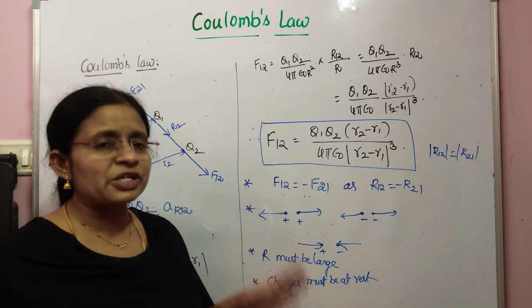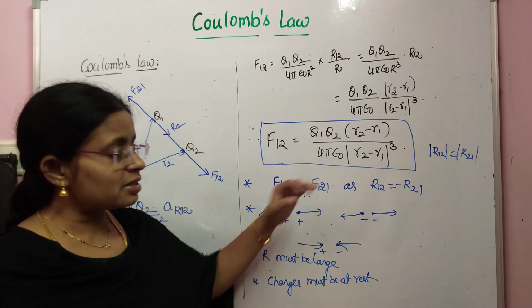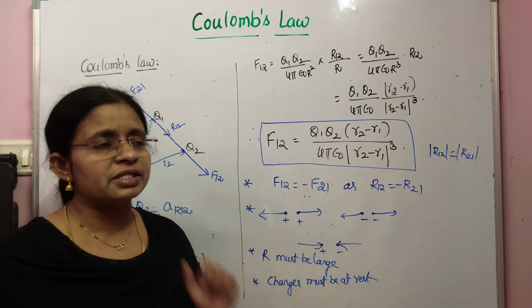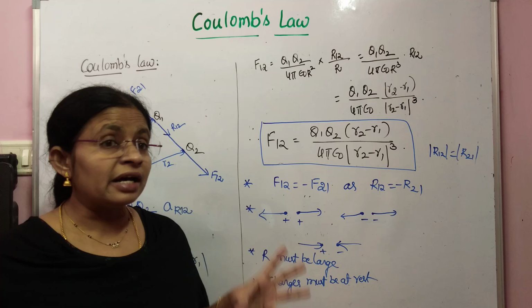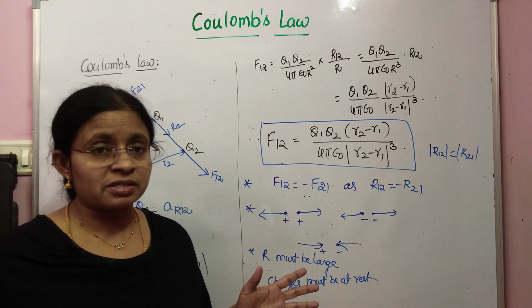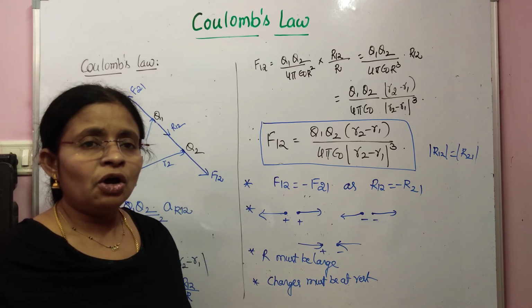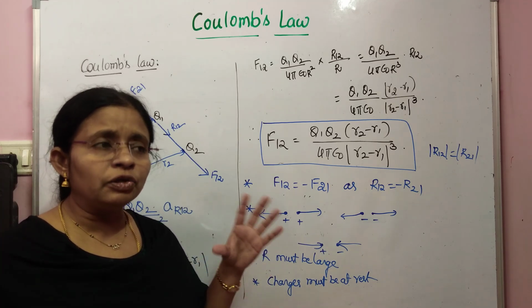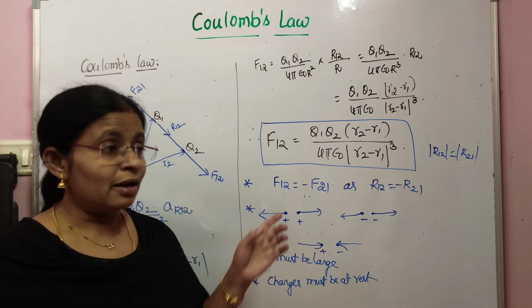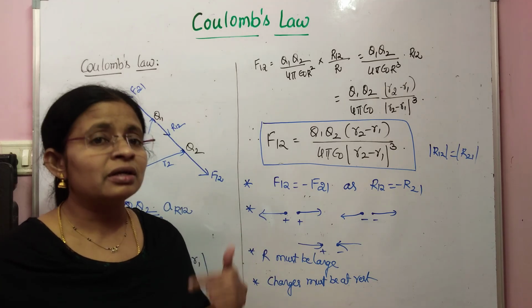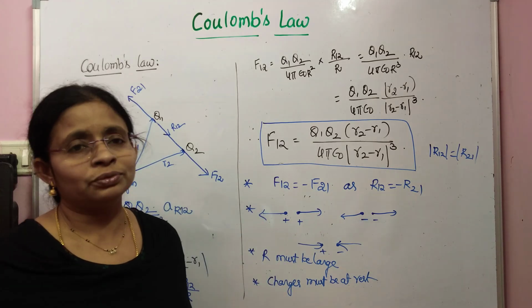Now we'll see a special case. So far this was the force between two charges. Suppose there exist n number of charges like Q1, Q2, Q3, etc., Qn. Then how do we find the force exerted by these charges on a charge Q?